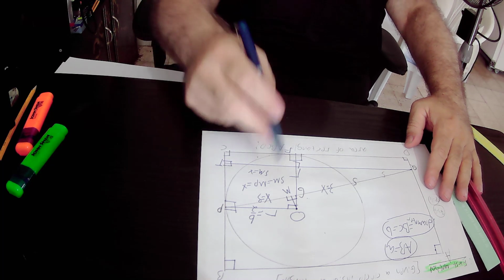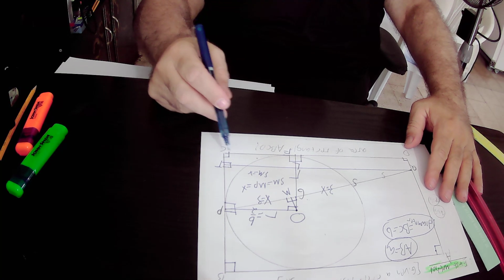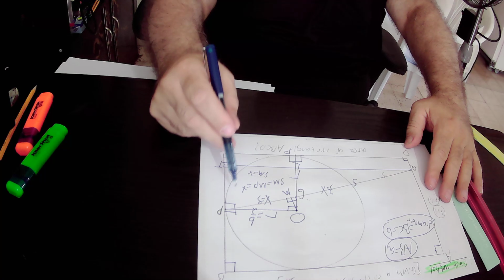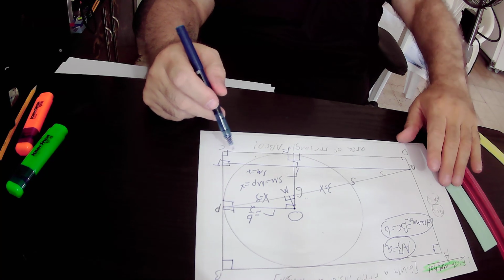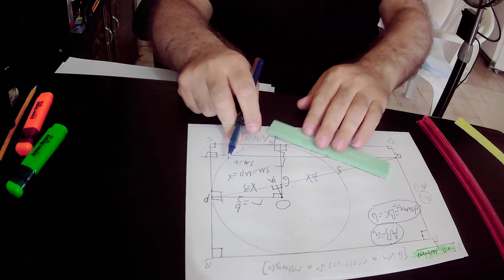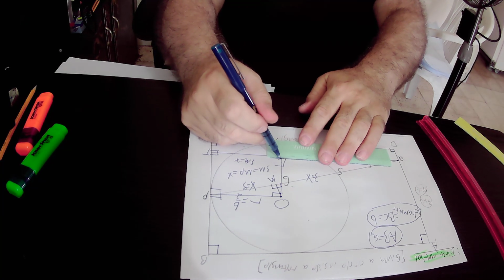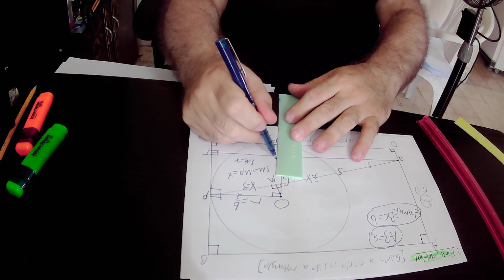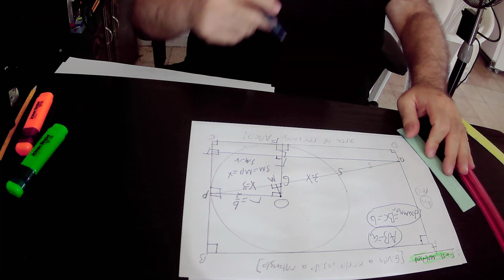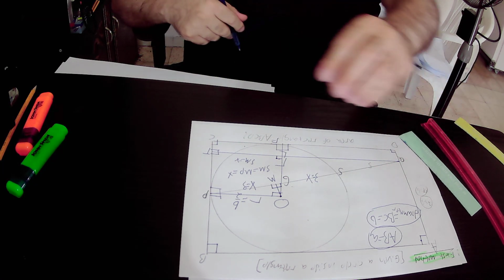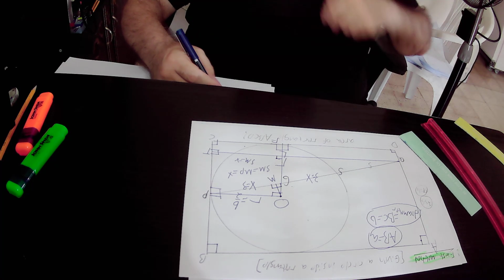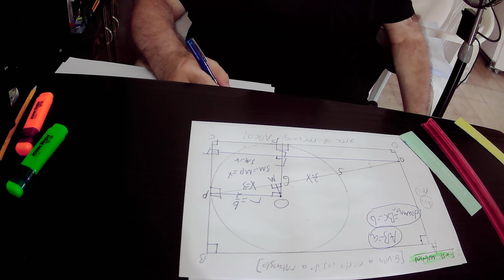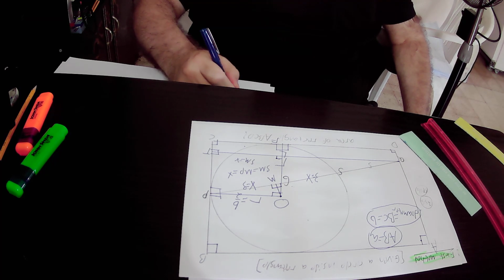Inside quadrilateral QPLT, we have 1, 2, 3 right angles, and any quadrilateral that has 3 right angles, the fourth angle must also be a right angle. So the fourth angle is equal to 90 degrees. So inside quadrilateral OPLT, we have 4 right angles, therefore quadrilateral OPLT is a rectangle.